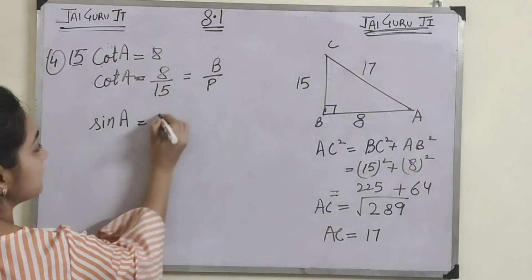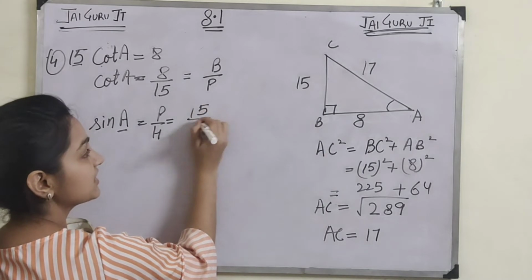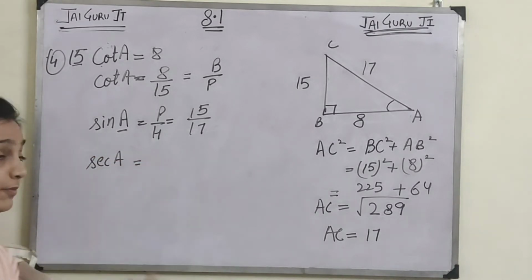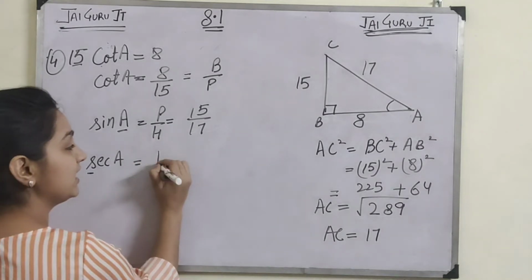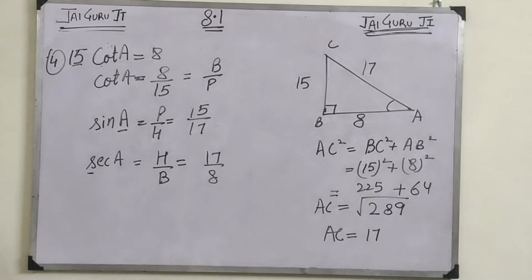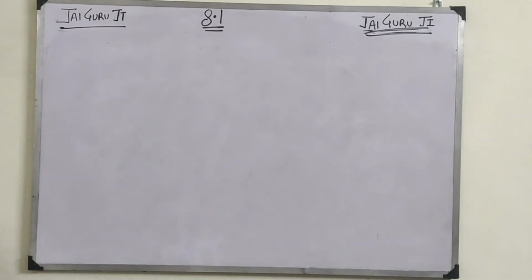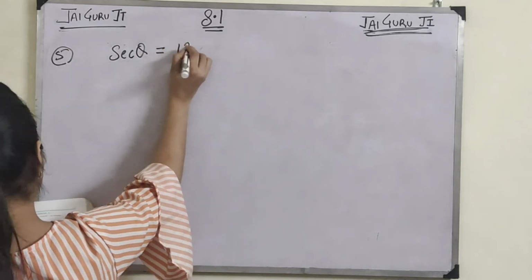Sin A, that is P upon H. P is 15. Again A is this only, P upon H. This is our 13 upon 12.